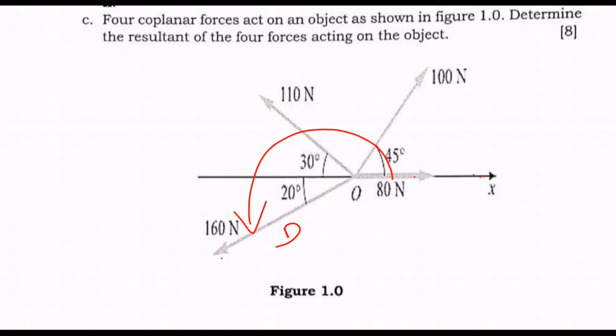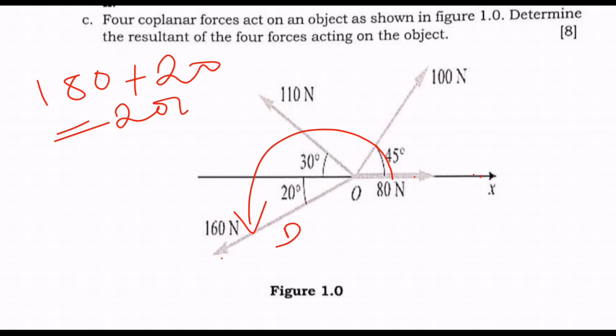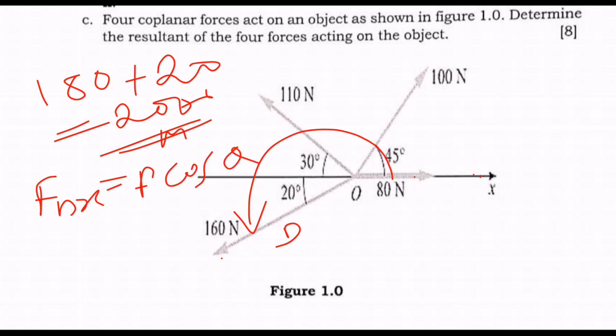Then you go 180 plus what? Our theta is 180 plus 20, which will be 200 degrees. So that is our theta. Now, what is our x component here? We write the same thing: force d x is equal to force cos theta. What is our force? Our force is 160. So cos what?